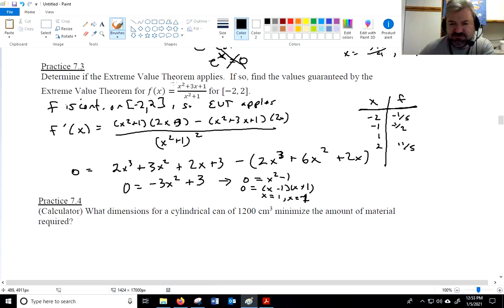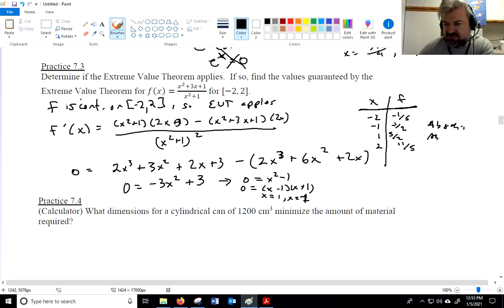If I plug in a positive 1, I get 1 plus 3 is 4, plus 1 is 5. So that's 5 over 2. So it looks like our absolute min is at negative 1, negative a half.